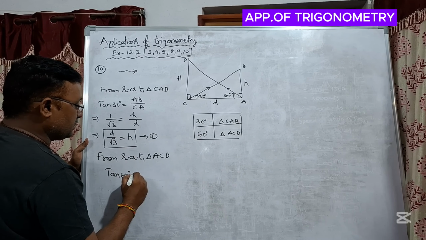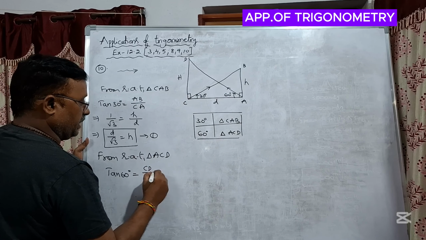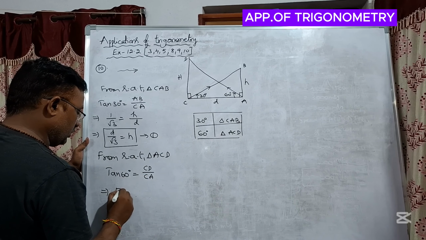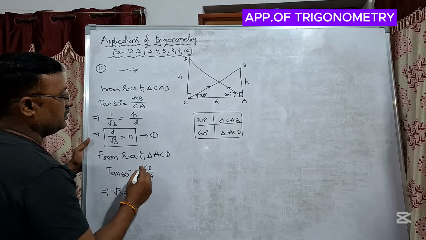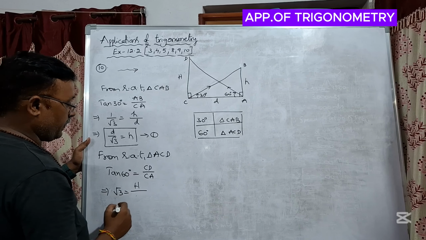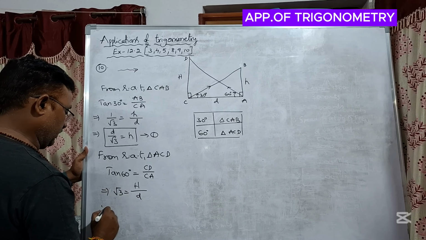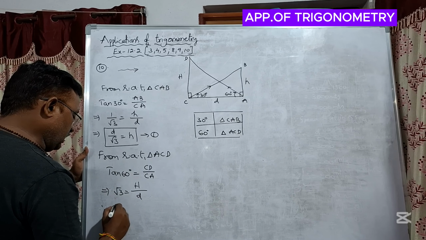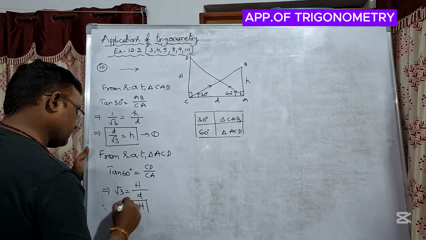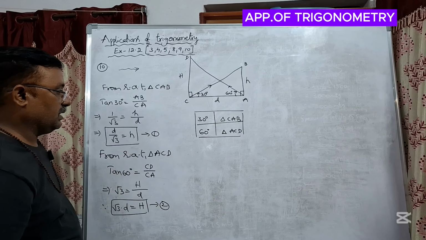That's why tan 60 equals, for 60 degrees, opposite side CD by adjacent CA. That implies root 3, the tan 60 value, is equal to CD, taken as capital H, the height of the building, by CA value small d. Now send it to the other side. Therefore, root 3 into d is equal to capital H. That is the second equation, which came from the second right angle triangle.